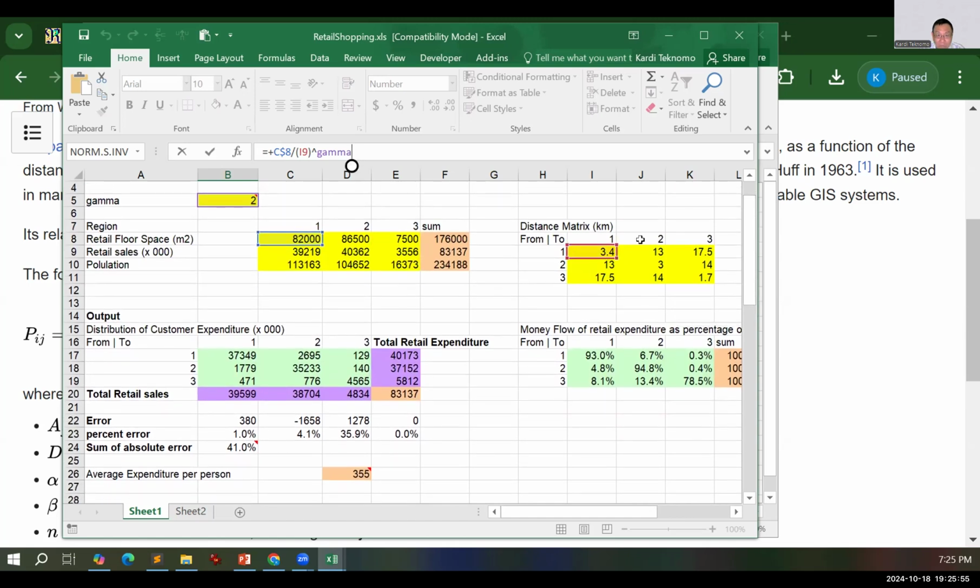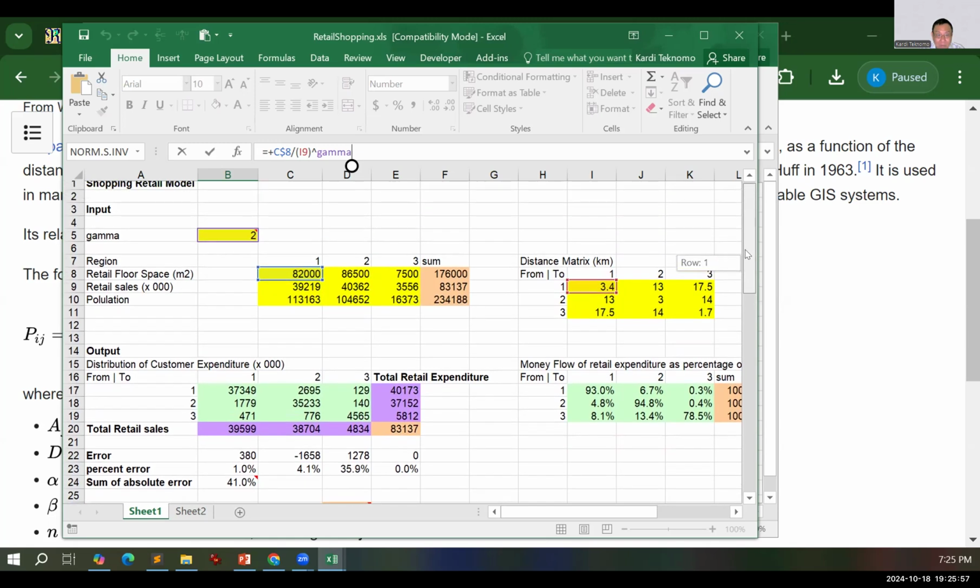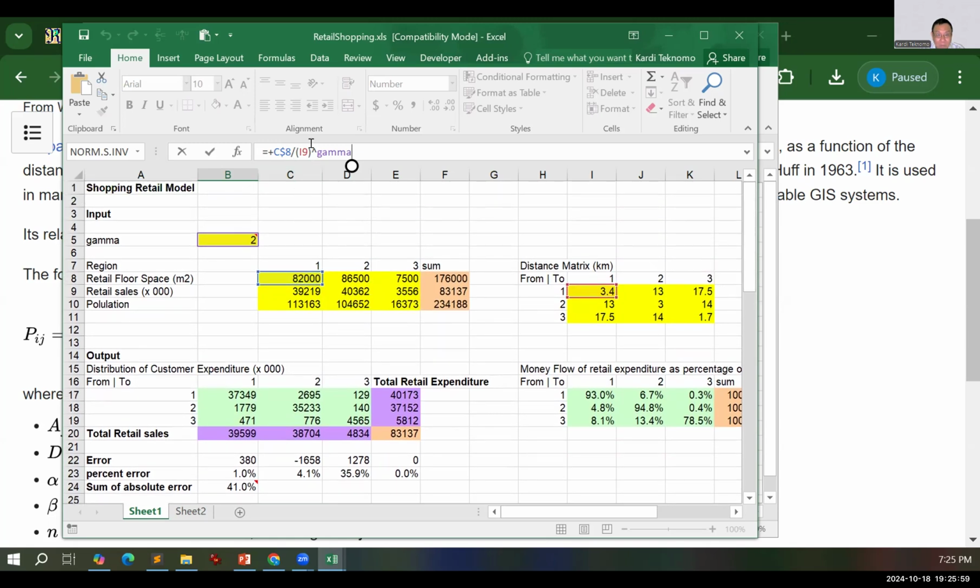Can you see this? And then I just put an exponent, delta or gamma. This parameter should actually be calibrated, because the larger it is, the more shoppers prefer shorter distance, right?